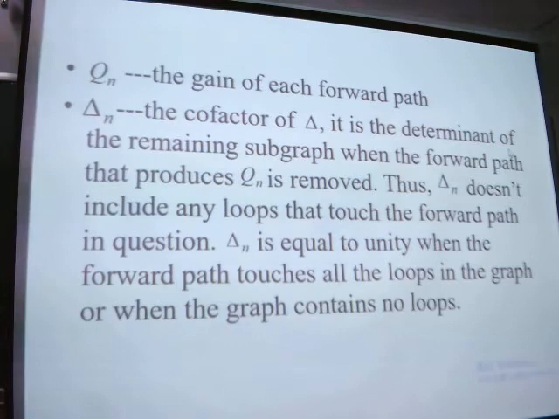It is the determinant of the remaining subgraph with the forward path that produces Pk removed. Thus, delta k doesn't include any loops that touch the forward path in question. Delta k equals unity when the forward path touches all the loops in the graph or when the graph contains no loops.